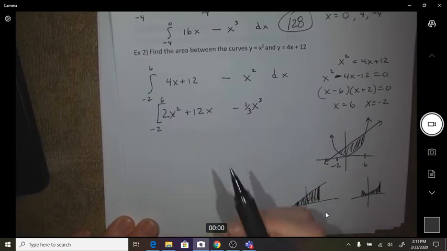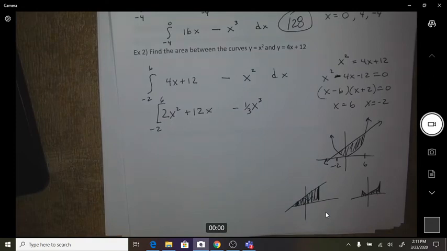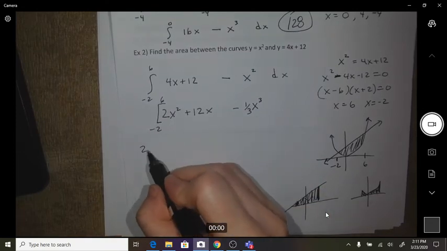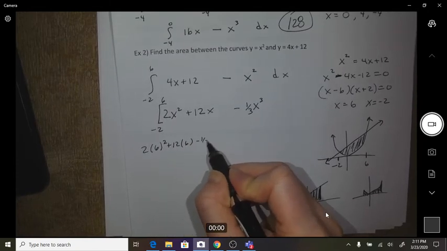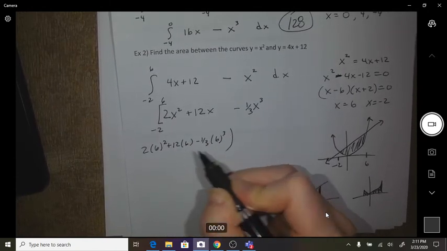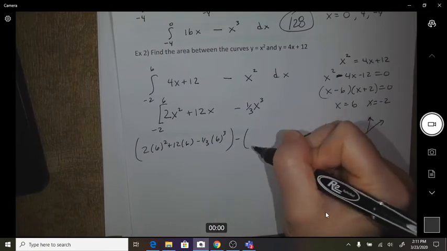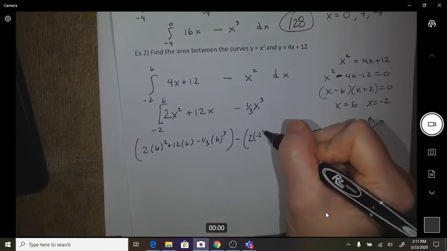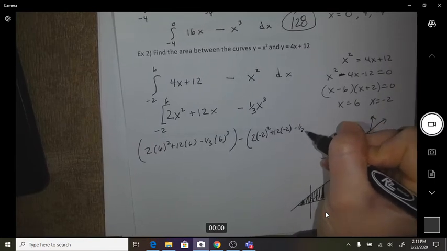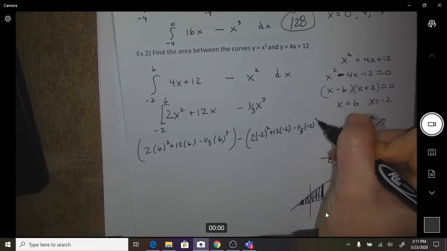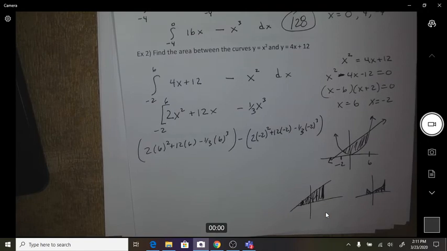Evaluate it from negative 2 to 6. Okay, so I'm going to input a 6 into this whole thing, and then I'm also going to input a negative 2, and I'm going to subtract the two values.